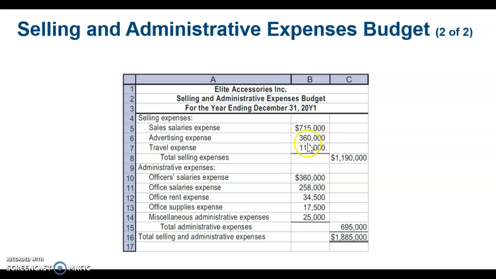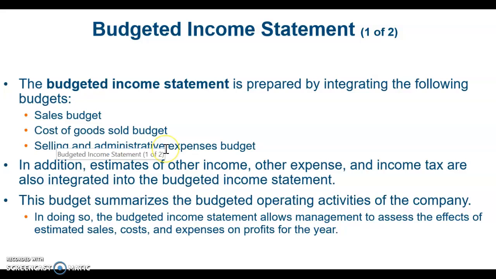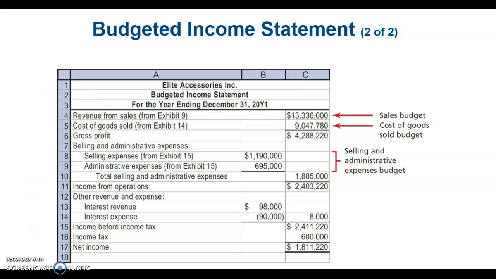The only difference is these numbers aren't actual numbers, these are budgeted numbers. Then we'll use this and other provided information to make a budgeted income statement. And this looks like what we've always done. And you're using these numbers that we calculated from those previous budgets.